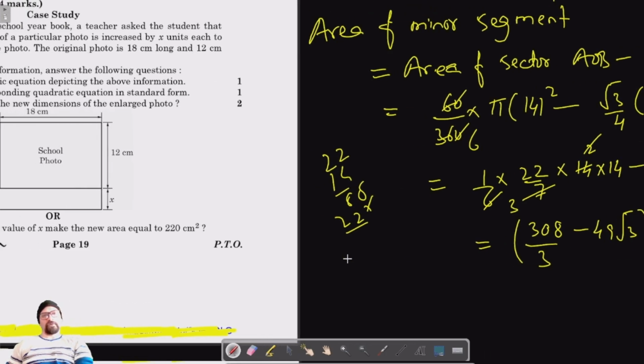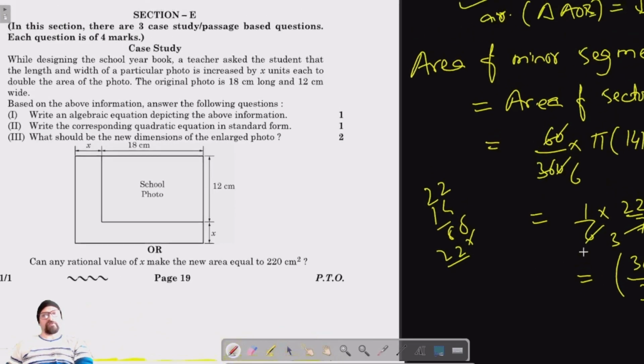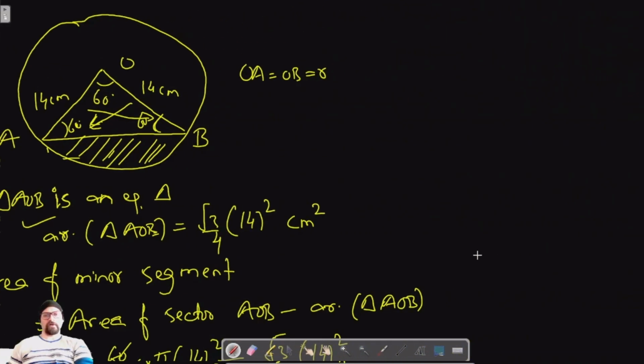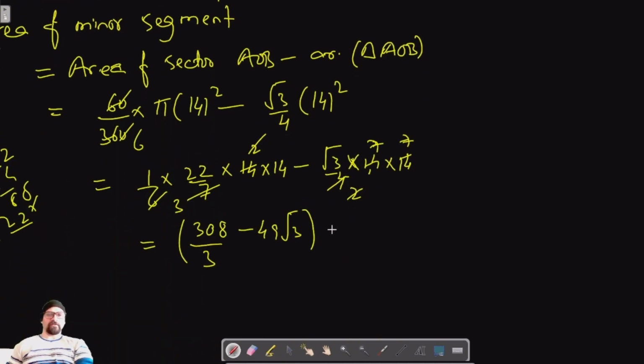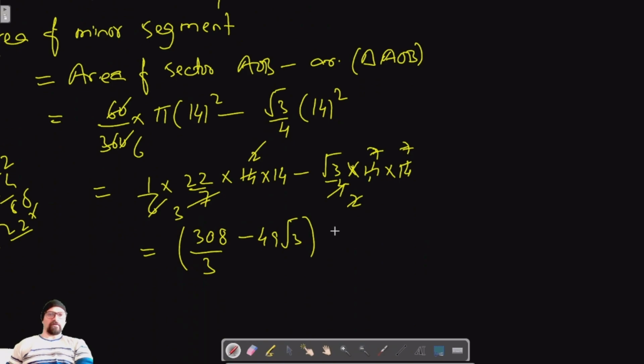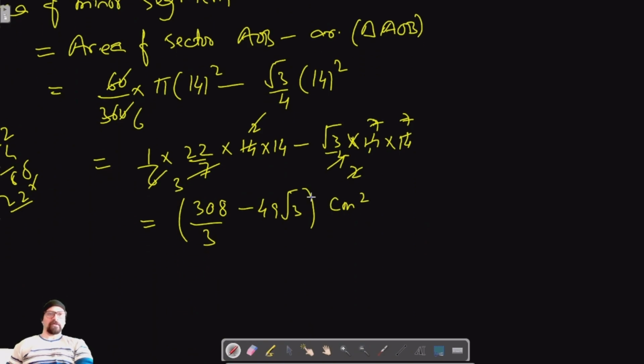Now it's not mentioned in the question anywhere the value of root 3, so it's up to me if I want to put in the value of root 3 or not. I'm going to leave it just as it is. So this is the area of the corresponding minor segment.